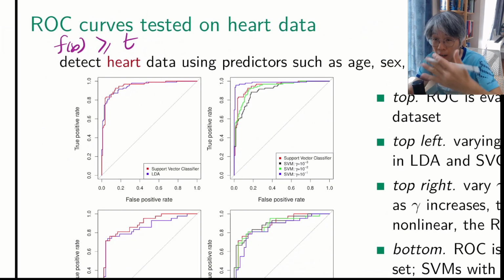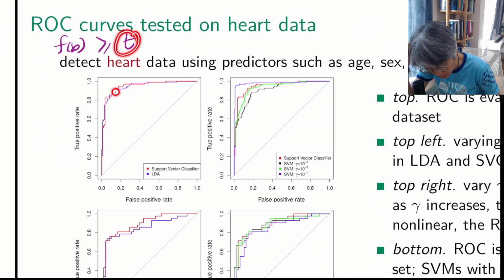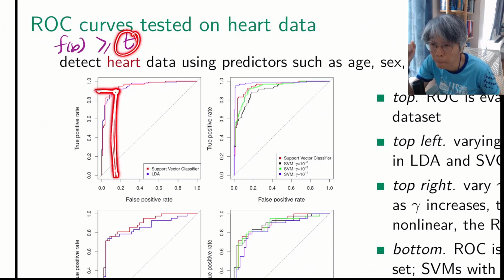And for that prediction, maybe you predict it correctly or incorrectly. So when you evaluate these on a bunch of test points, you can count the false positive rate and true positive rate. So for one value of t, that corresponds to a certain value of TPR and FPR.